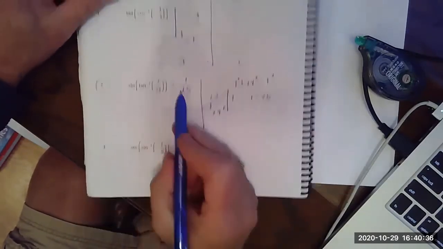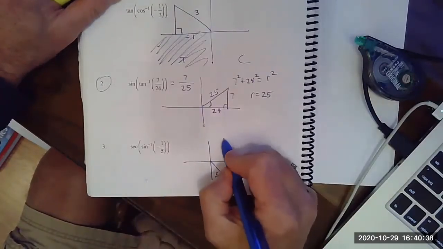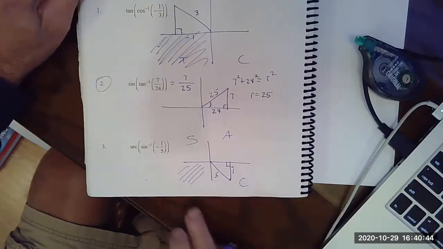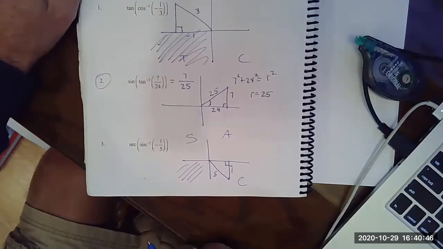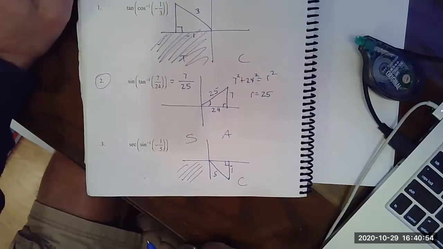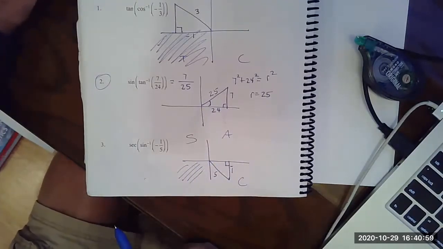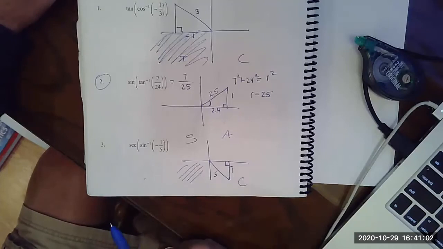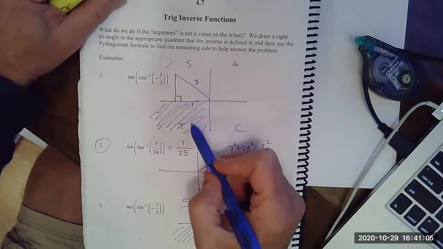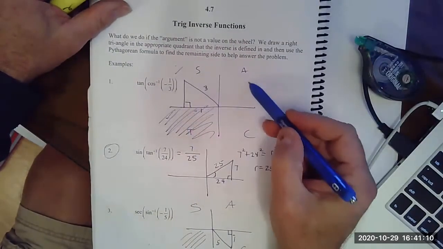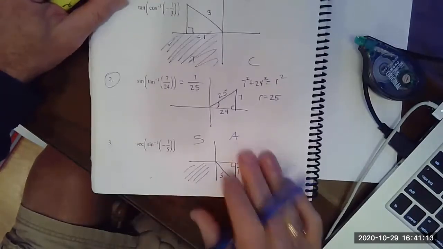Now where's tangent negative? Well, you've got a choice, here or there. That kind of blew my idea that there would be a simpler way of doing it. Nobody's in quadrant 3, but cosine was positive here and negative there. Okay, fine.